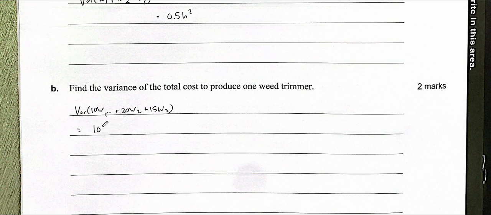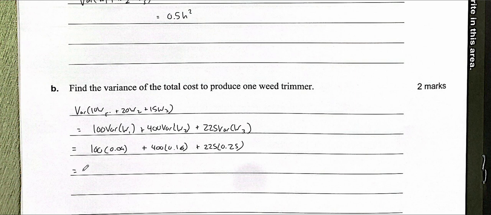So that's going to be 100 var of W1 plus 400 var of W2 plus 225 var of W3. So 100 times 0.09, 400 times 0.16, and 225 times 0.25.